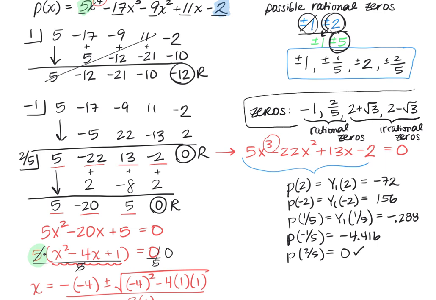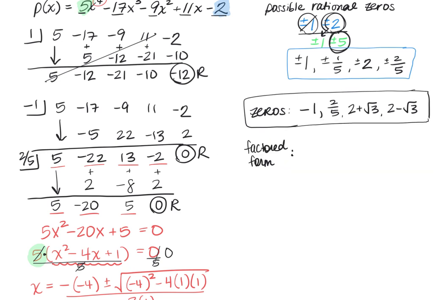The first part said, find the zeros, and we have found all of the zeros, and there are 4 of them. Now the second part of the question asked us to write the polynomial in factored form. So the name of the polynomial was p of x, and this is where we can use our factor theorem. Because if we know the zero, for example here, the first zero, which was -1, knowing that zero helps us build the factor.